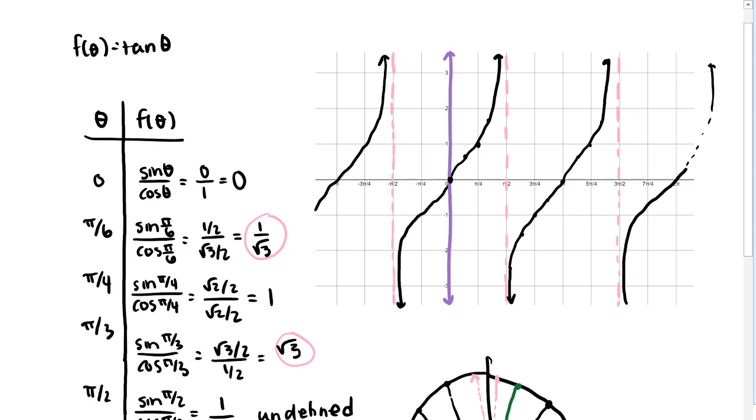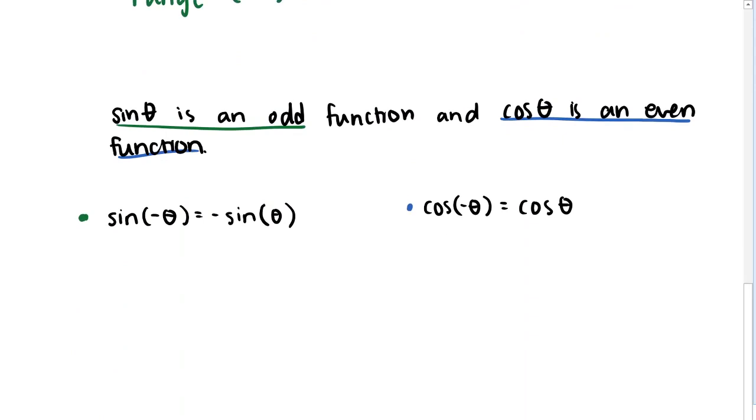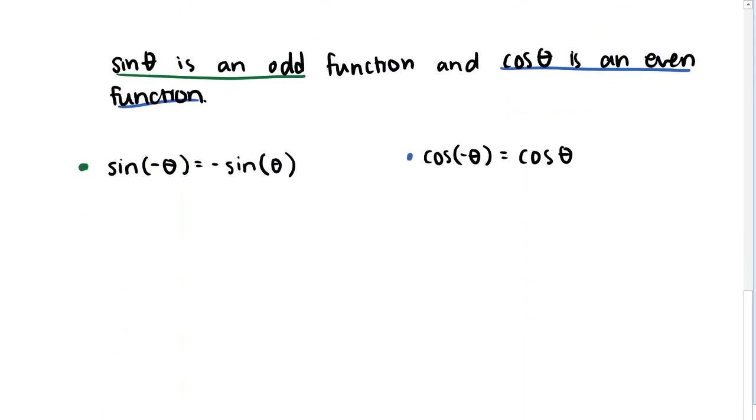If I plug in the negative of some angle, I'm not going to get the same result for my tangent function as if I were to plug in that angle without negating it. And it's no guarantee that the function's odd either, but it turns out to be the case. So here, tangent of negative theta is equal to negative tangent of theta. It is also an odd function.